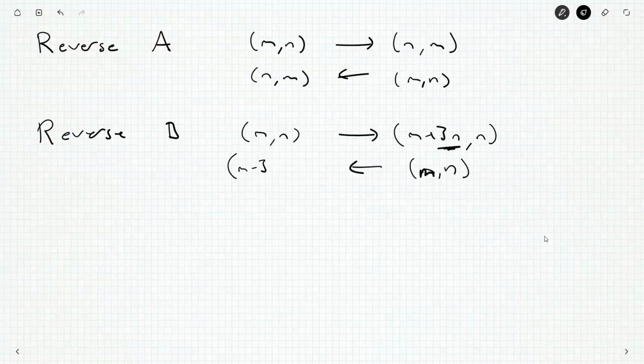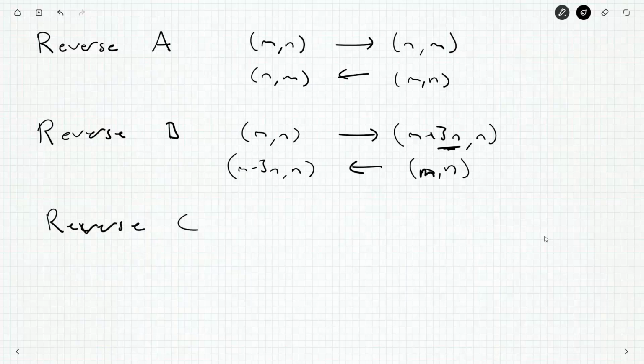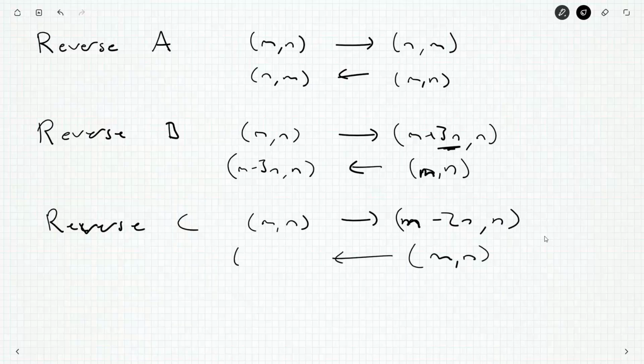And similarly, to reverse C, C is m minus 2n. My tablet pen does not like the subtleties in the little bumps. I would add on 2 times the second number. Okay. So I'm able to reverse each machine, and this is kind of important.